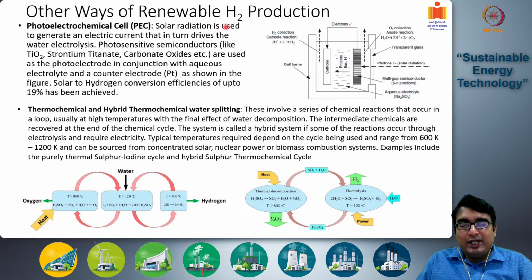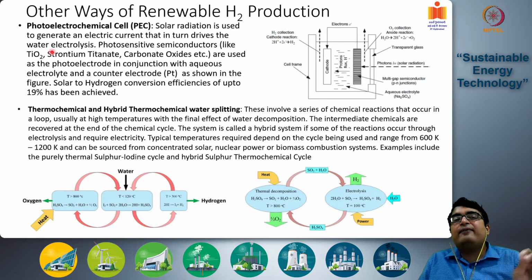So solar radiation is used to generate an electric current that in turn drives the water electrolysis. Photosensitive semiconductors like titanium oxide, strontium titanate, carbonate oxides, etc. are used as the photoelectrode.